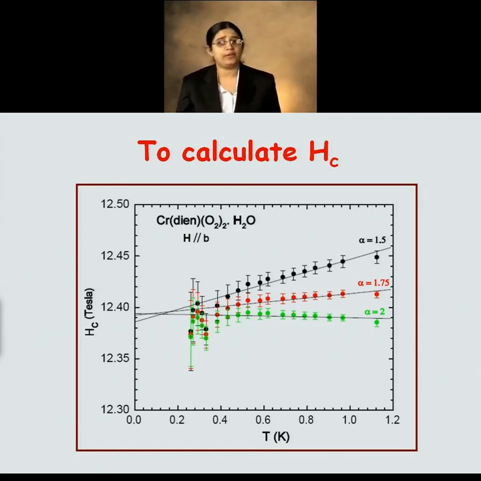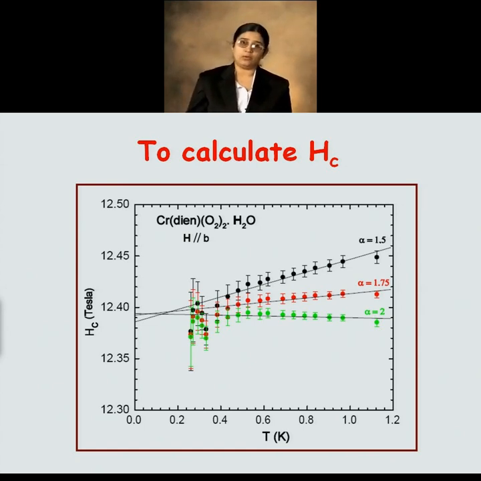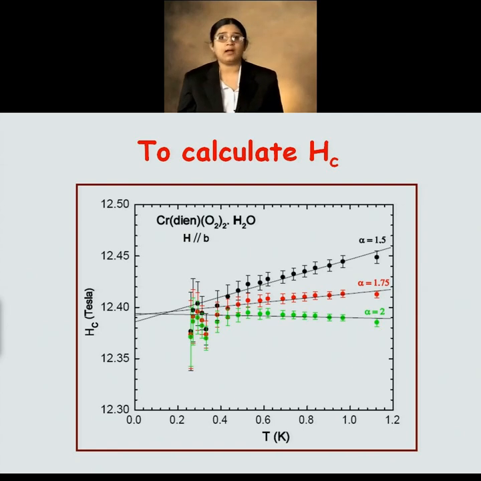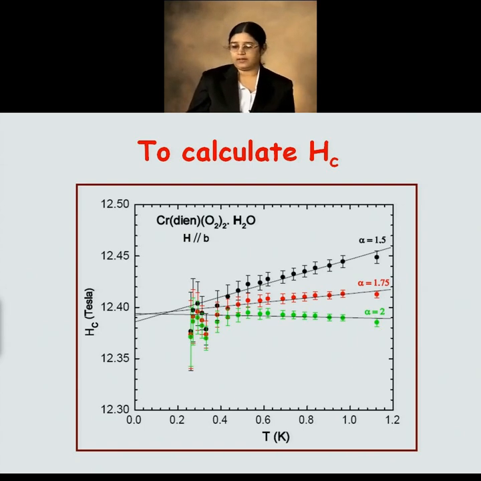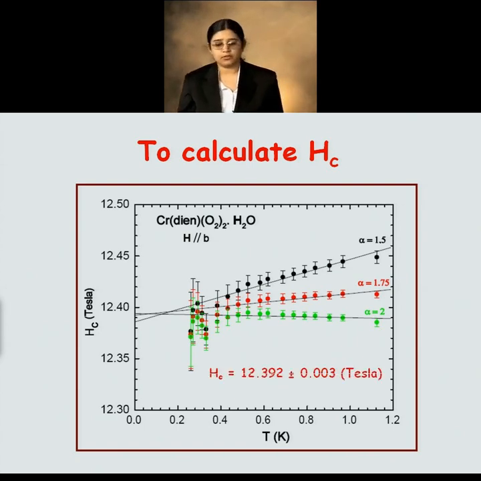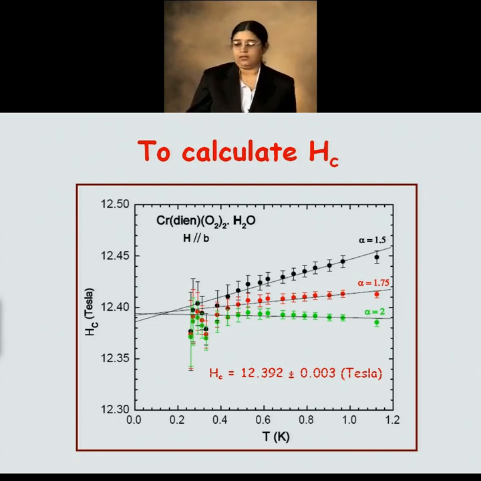And thus we get 3 critical fields for 3 different values of alpha. The final critical field value is obtained by taking the weighted average of these 3 critical field values, and thus our final critical field value was 12.392 plus minus 0.003 Tesla.